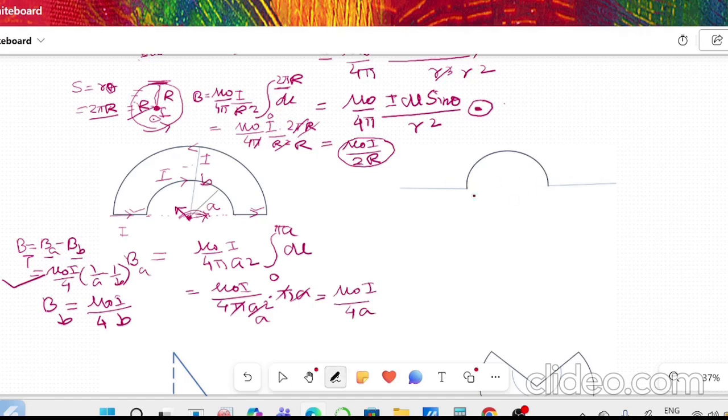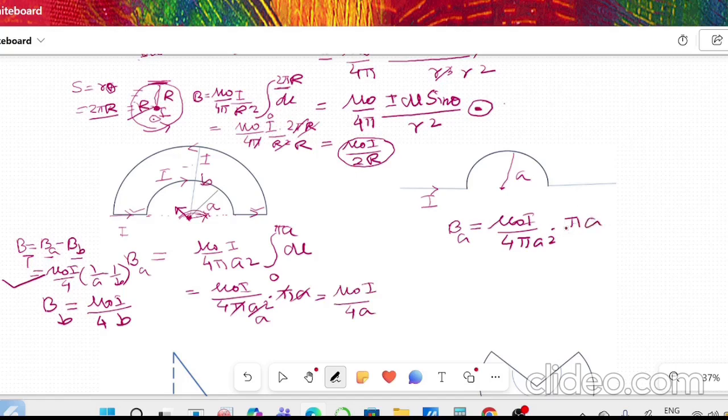Now I take a very special case here. The single loop. So it is very easy to calculate. If it is carrying a current I, and if this distance is A, then again I can simply write BA is mu 0 I by 4 pi A square, and this will be pi into dl.